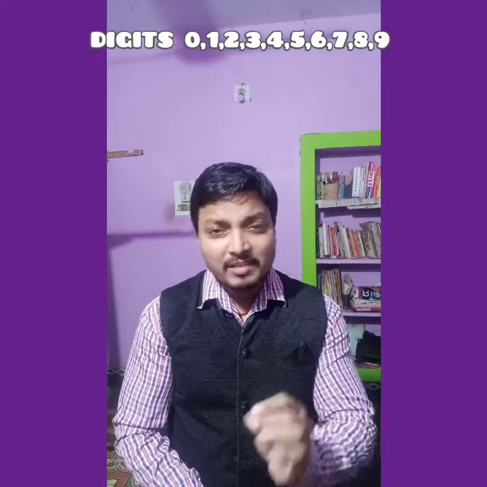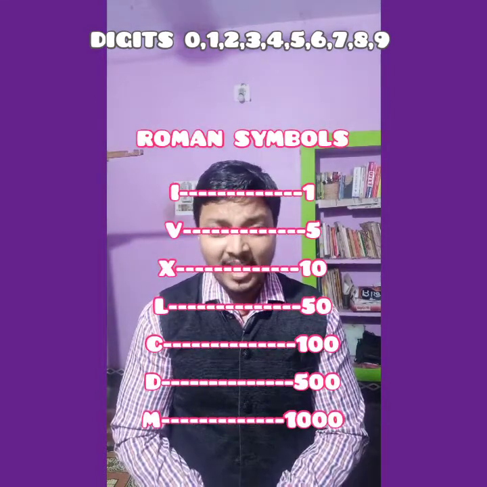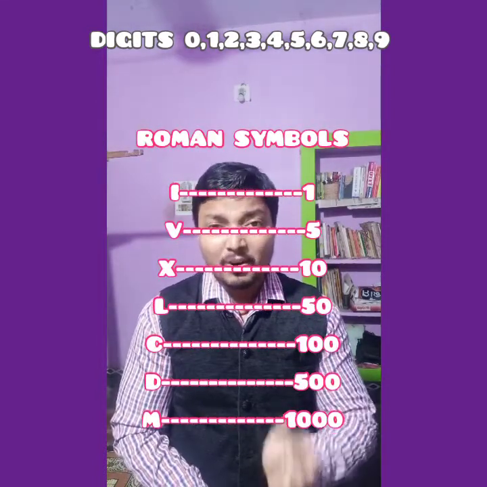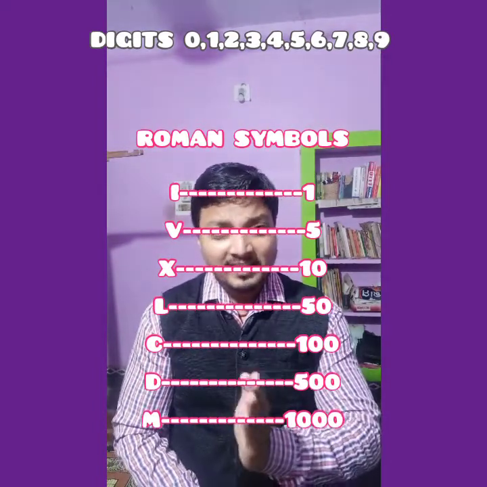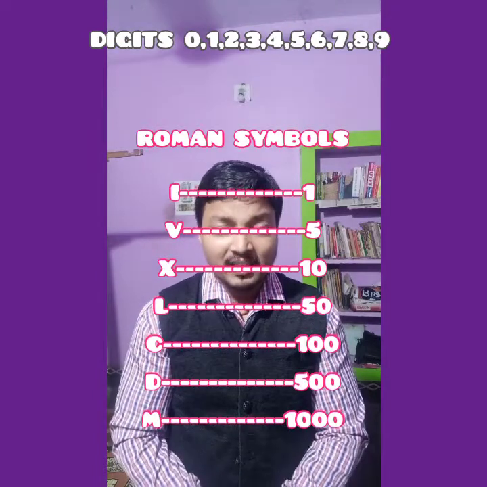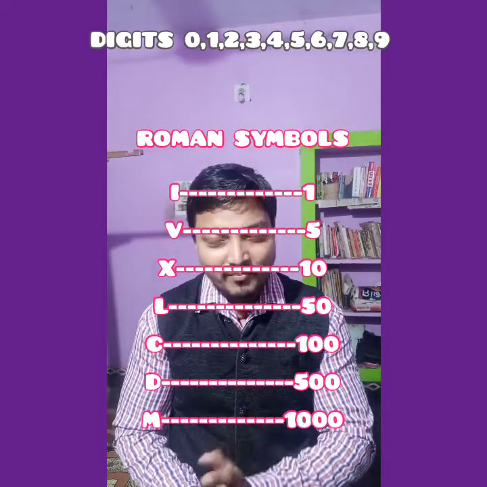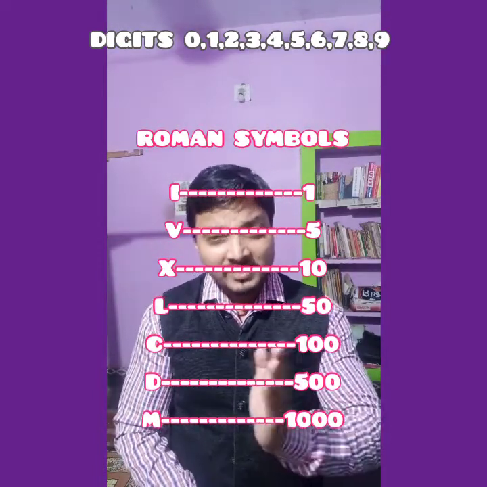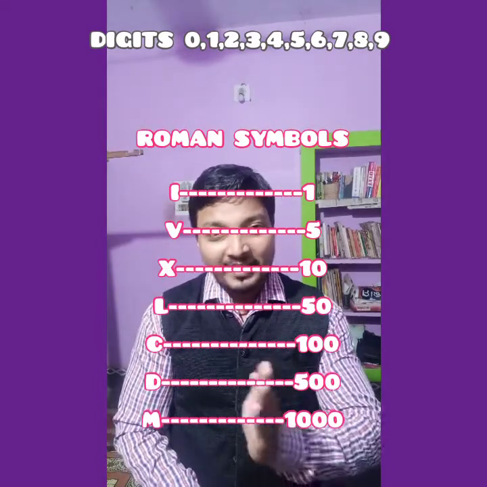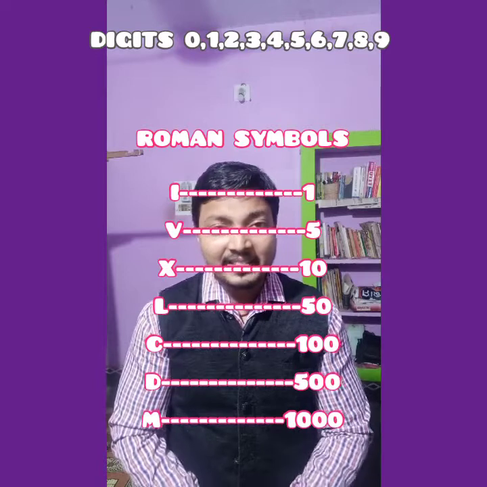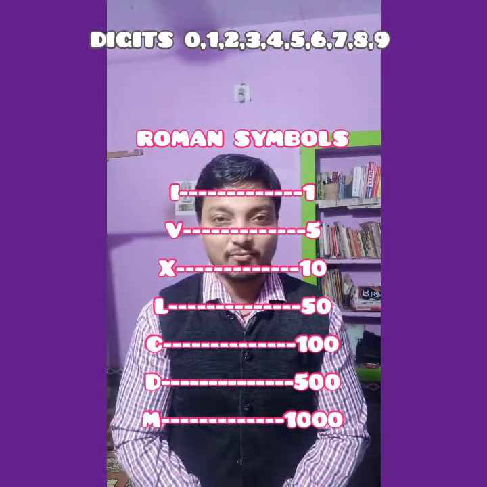The symbols are I means 1, then V means 5, then X means 10, then L means 50, then C, which means century, 100, then D, which means 500, then M, which means 1000.